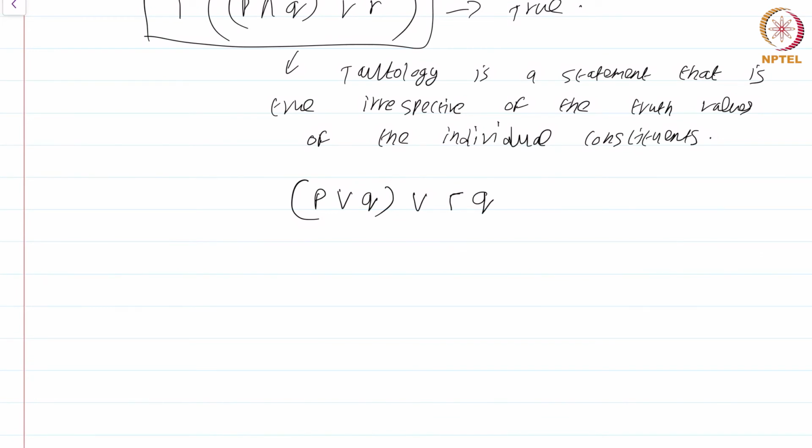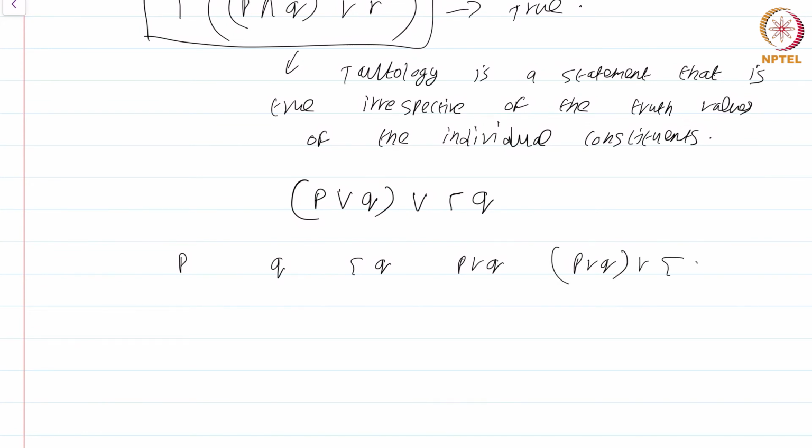Look at this statement, P or Q or negation Q. I claim that this statement is true always, irrespective of the individual assignment of truth values for P and Q. Well, how do you check this? You draw a table: P, Q, negation Q, P or Q, P or Q or negation Q.